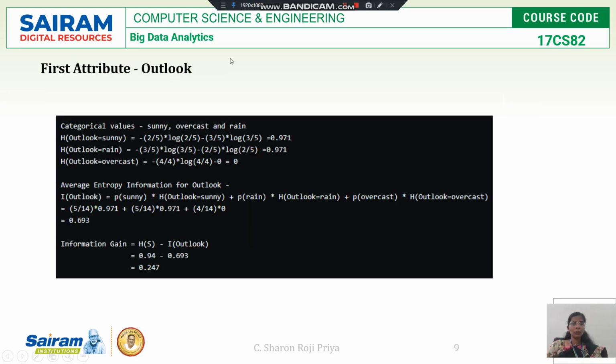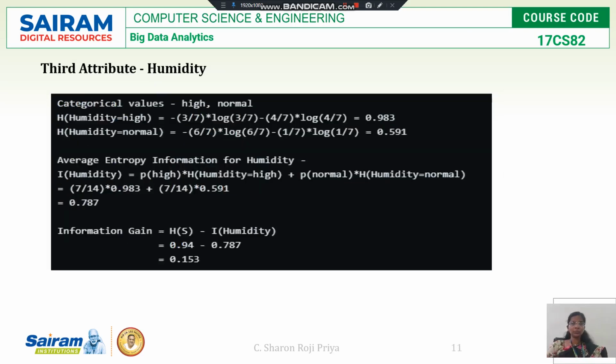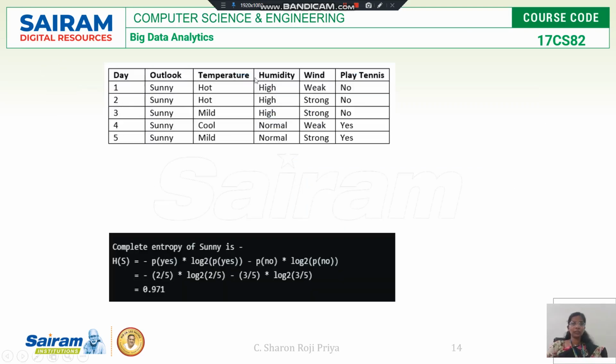So this sunny, how many times is it appearing? 1, 2, 3, 4, 5. Now you make a subset from the original data set that has only sunny. I'll show you. This is the data set that has only sunny.